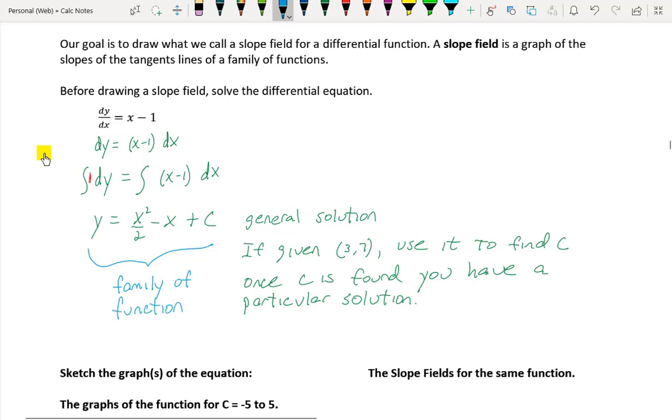All right, and the reason we call it a family of functions is because until we know what c is, that c could be all kinds of different numbers, so we end up with a whole variety of functions. Okay, so if you look at that function, it's a parabola, and depending on the value of c, we would have a very particular parabola, but right now all we have are a bunch of parabolas.